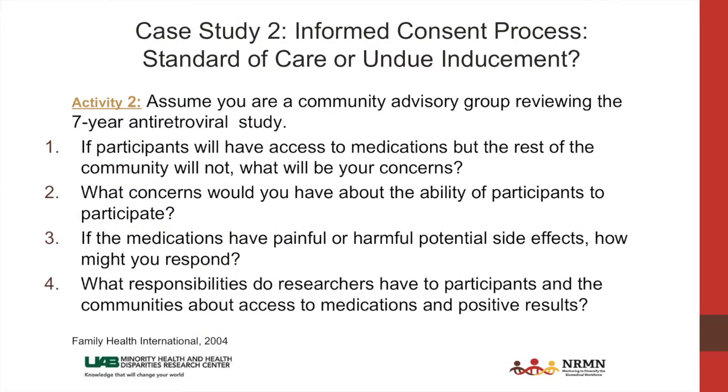Now, do you think researchers have any responsibilities at all to the participants and to the community about access to these medications, particularly if the experiment comes out positive, right? What kind of responsibility do you think the researchers have? It seems that they should plan ahead and work with the community or the pharmaceutical company or someone to be able to provide the medications more widely to the community and at an affordable rate.